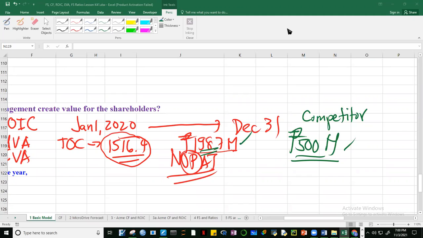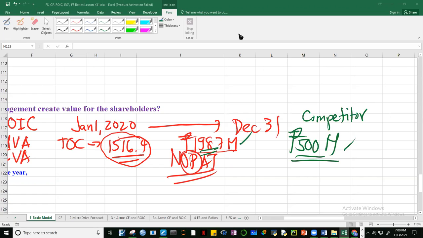I'll give you a minute to think about it. The scenario is that we were able to generate operating profit of 198.7, while our competitor generated an operating profit of 500 million. We were only 198.7 million. So did our competitor perform better than us?